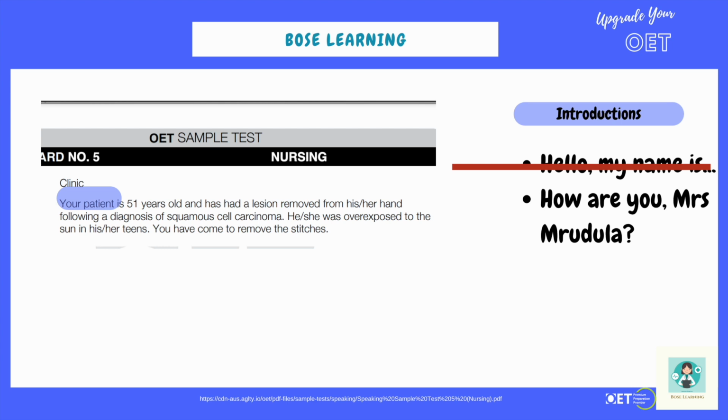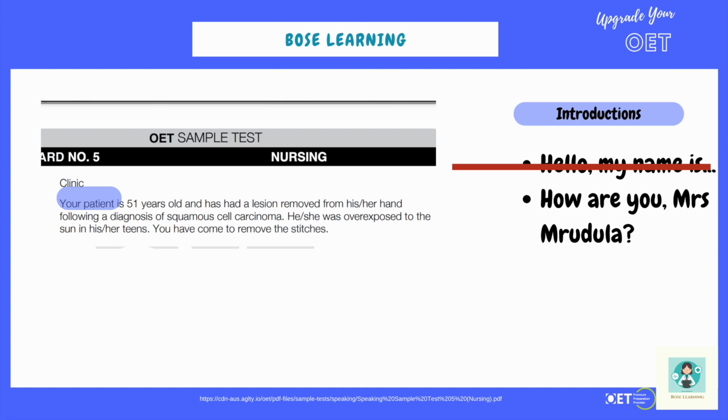So, because it's your patient, it would make absolutely no sense to say, hello, my name is blah, blah, blah, because they know you. There's no point telling them what your job is. They know you already. They know you're the nurse. They know your name. So don't say that.